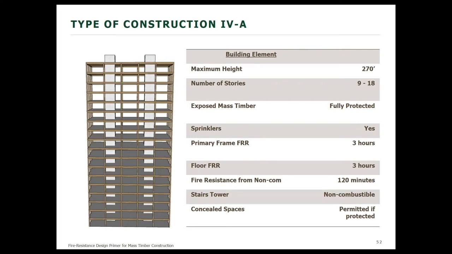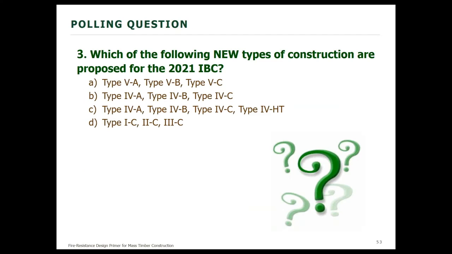The ranges of the numbers of stories included in type 4C, 4B, and now 4A are there because the number of stories permitted, if you remember the table on heights and areas, varies based upon the occupancy and use. So for instance, the 18 stories listed here isn't permitted for all occupancies, but it is permitted for residential and business occupancies.